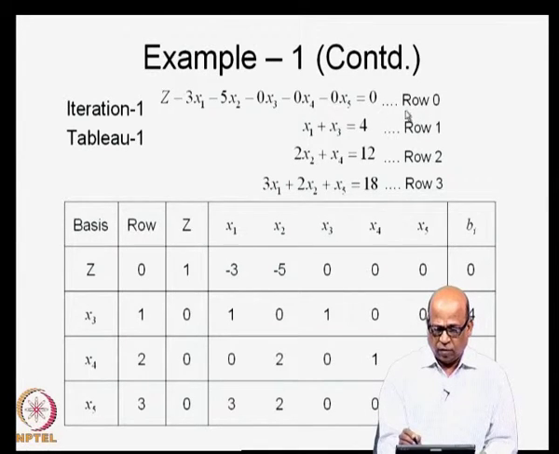We call it row 0, and the right hand side will be 0 for this. Then x 1 plus x 3 is equal to 4. We have introduced the slack variable x 3, and we call this row 1. 2 x 2 plus x 4 is equal to 12. We have introduced the slack variable x 4. Then 3 x 1 plus 2 x 2 plus x 5 is equal to 18. We have introduced a slack variable x 5.